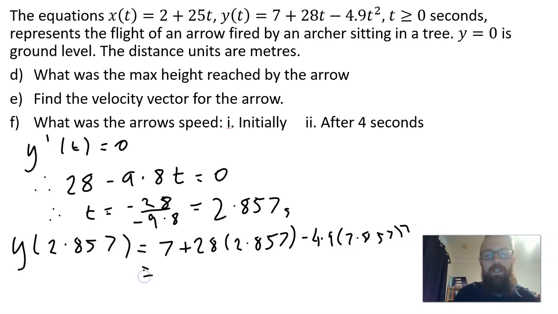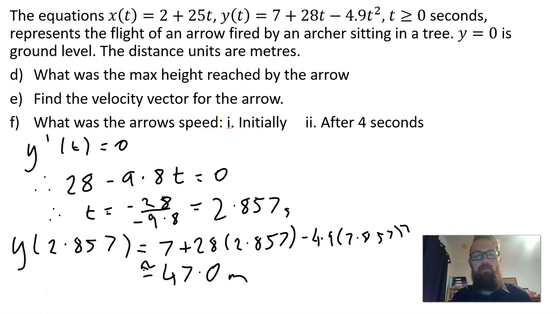Again, we're going to put that straight into our calculator, and we get approximately 47.0 meters. All right, cool. So that's the height the arrow reached.